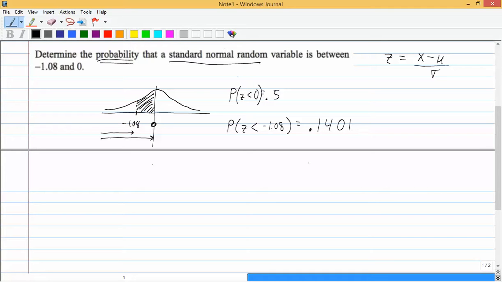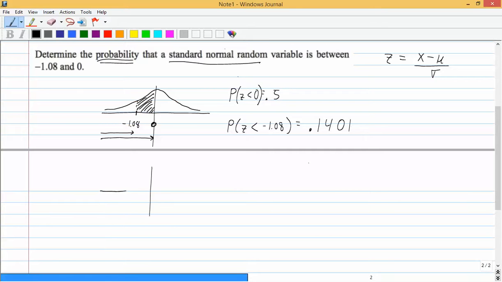Alright, so let me show you what I have written down here. I'm going to draw two more graphs. This first area here is for a z of 0. So we figured out that here at 0, all of this area to the left under the curve is equal to 0.5.